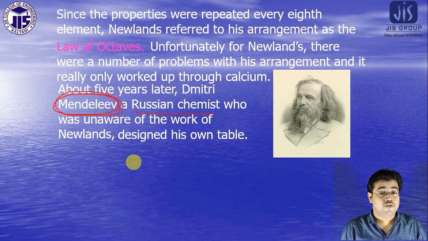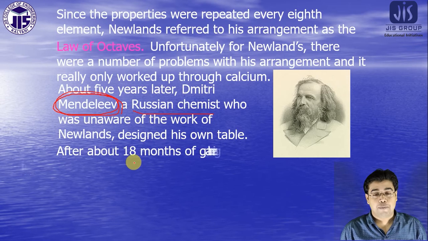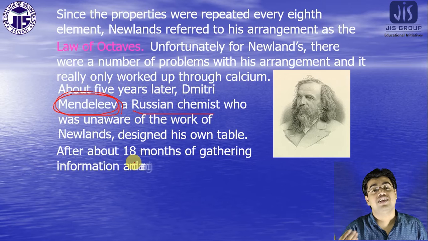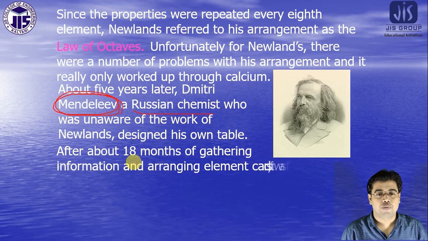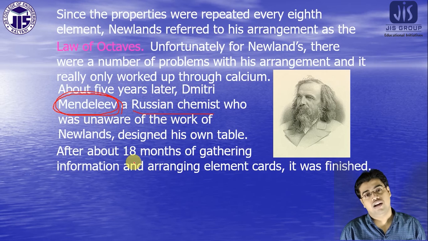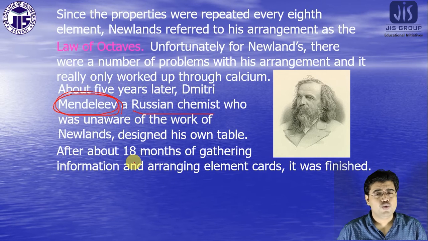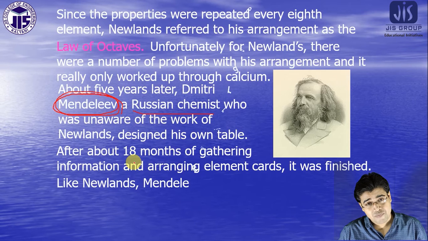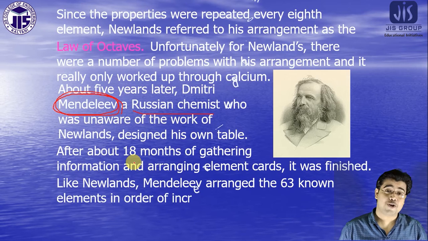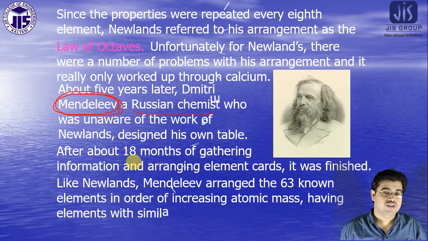For that purpose Mendeleev proposed that the chemical and physical properties depend on the atomic mass of the elements. That means to make the periodic table, Mendeleev totally depended on the atomic mass of the elements.